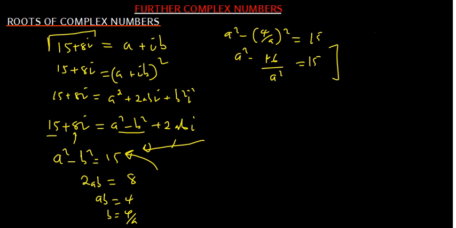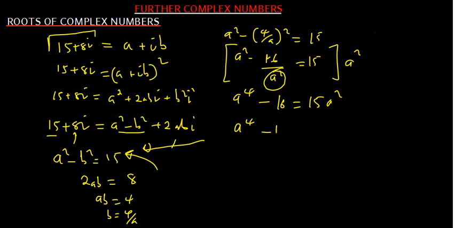Well, I don't want to see fractions, so let me multiply by what I can see in the denominator, by a squared. This is going to give a to the power 4 minus, this is going to cancel out, so just remain with 16, and that is going to be equal to 15a squared. Let me take the 15a squared to the other side, and so that gives a to the power 4 minus 15a squared minus 16 is equal to 0.